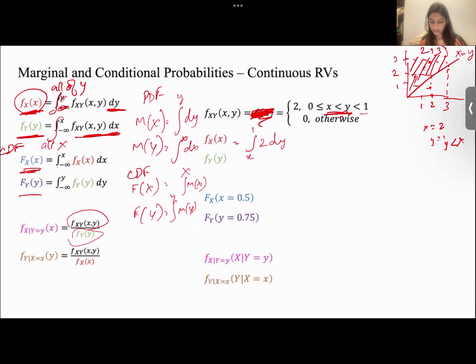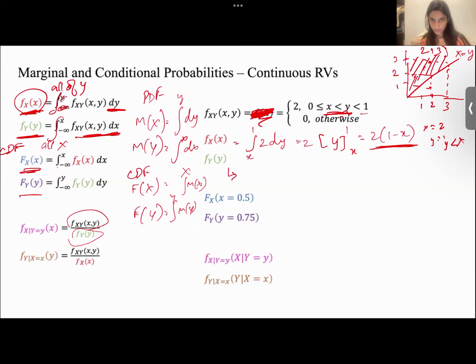If you solve this, 2 is a constant, and if you integrate dy, you'll just have y. Applying these values, your upper limit is 1, so 2 into 1 minus your lower limit x. So this is your marginal probability for x.